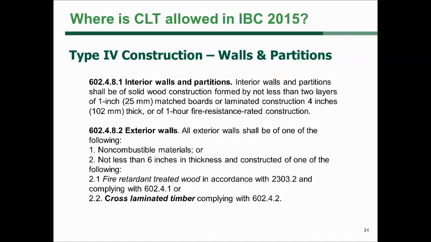For interior walls and partitions, it can be used provided it's 4 inches minimum thickness. For exterior wall applications, I mentioned the fire retardant treated wood or having drywall, but the minimum thickness of the cross-laminated timber needs to be no less than 6 inches.